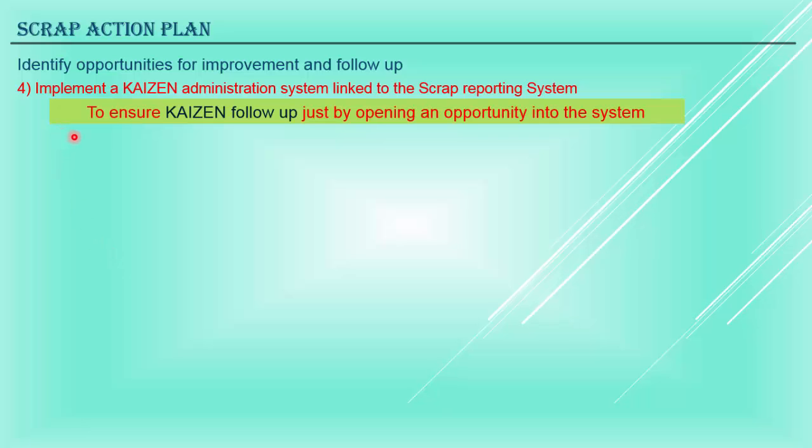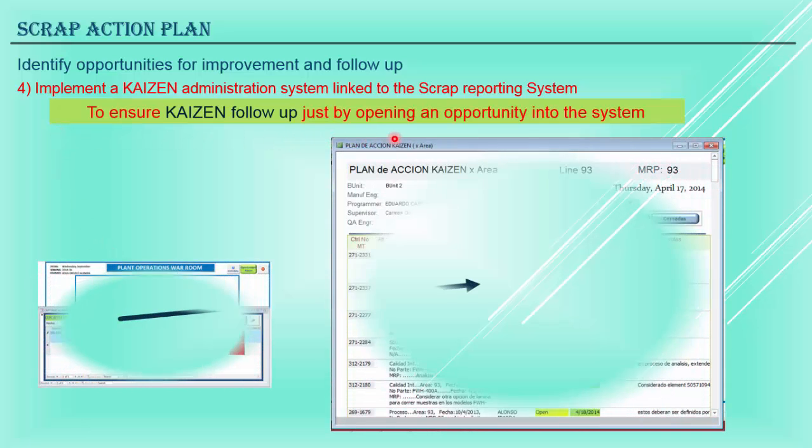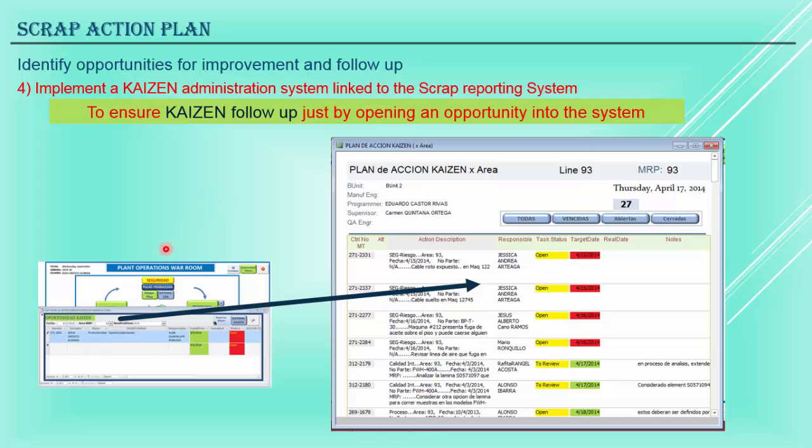Also, to ensure Kaizen follow-up, just by opening an opportunity, the system will add it to the different open lists, and from there we can take a close follow-up in the system to make sure that they are closed.